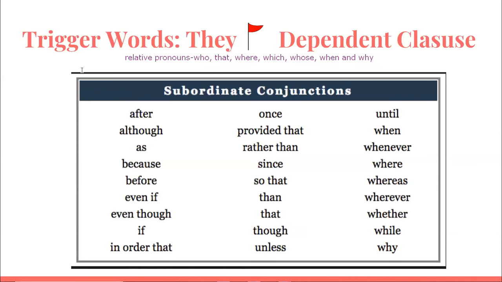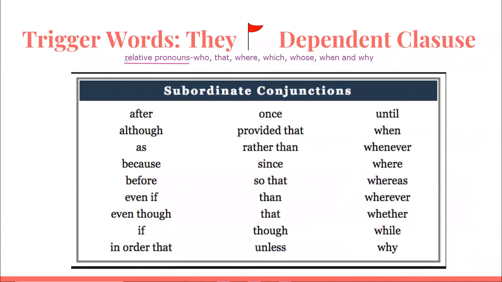And I hope that the words on this screen are written down, or go find lists for them, because they're really important to finding your dependent clauses. And as you saw in the video, those dependent clauses help you determine whether a sentence is complex or compound-complex.